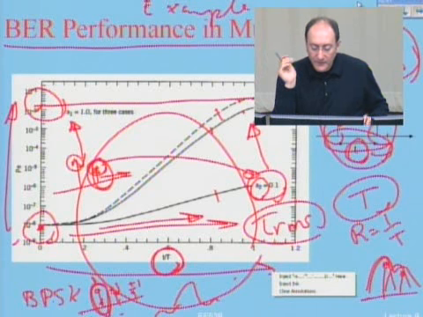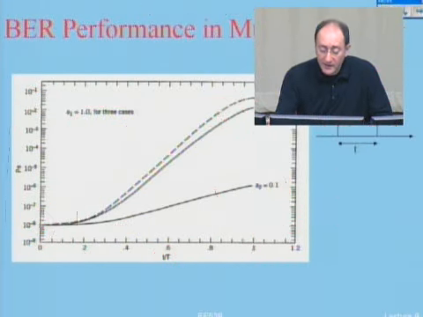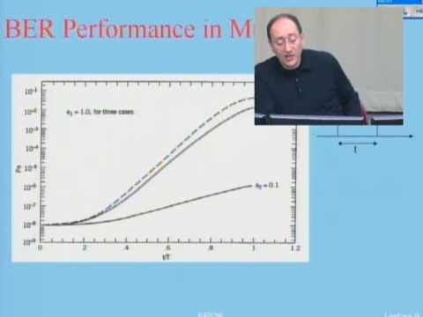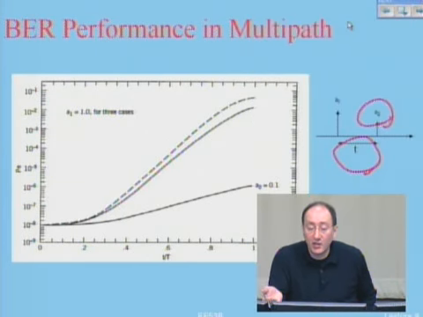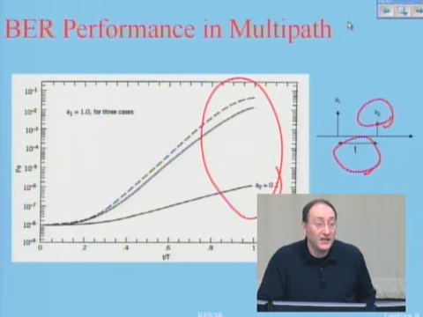Anyways, from this figure, the conclusion that I get is that as I increase the multipath spread, or I increase the power of the multipath components, performance will degrade, and it will degrade significantly.